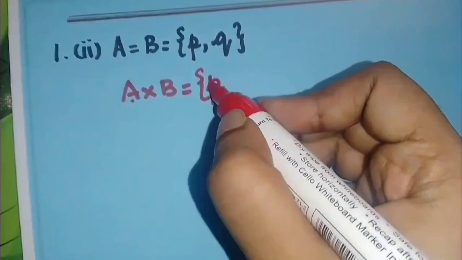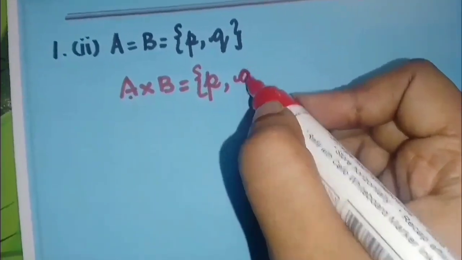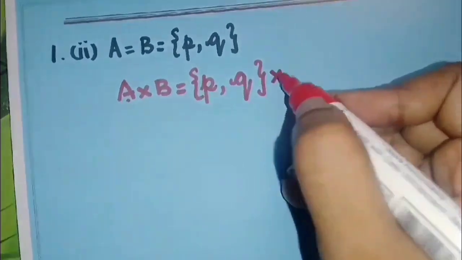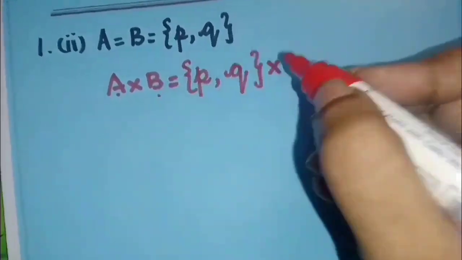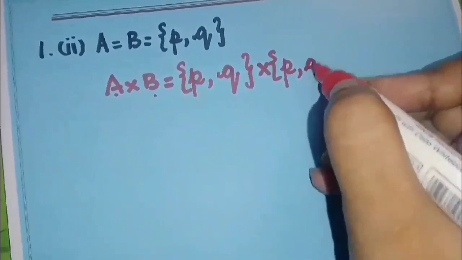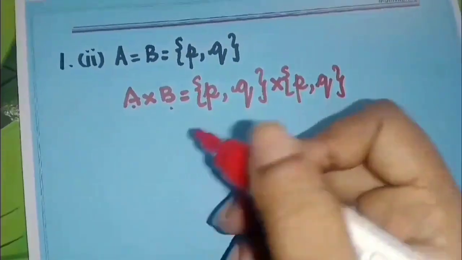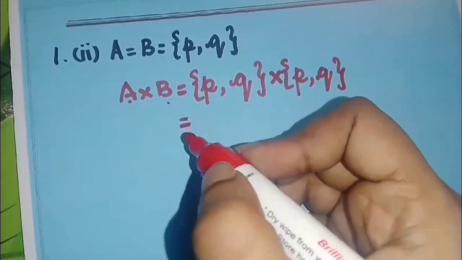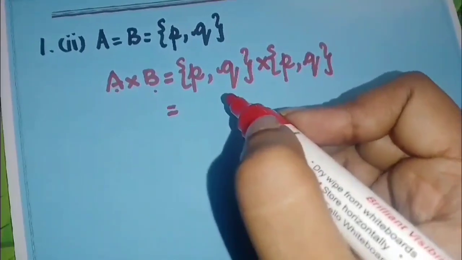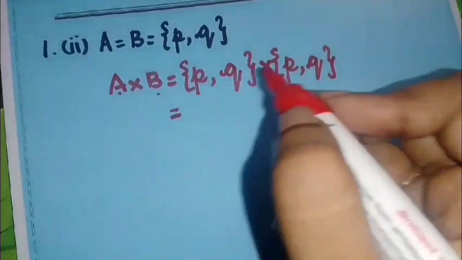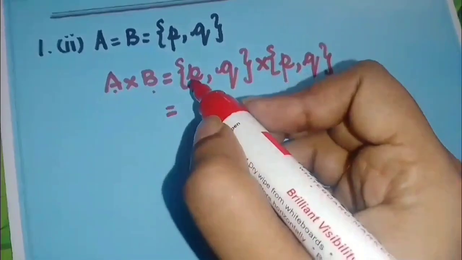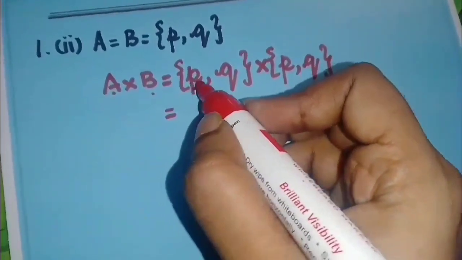Set A is the set which contains the elements P and Q. We are going to take the cross product with B. B is the same set, P comma Q. Right? So we are going to form the set of all possible ordered pairs of this set with this set. So first we are going to pair with the element P.